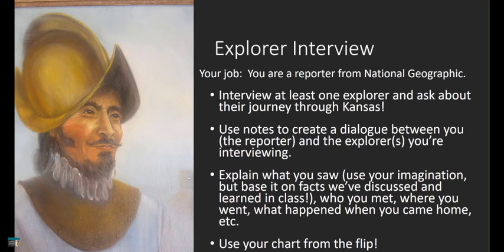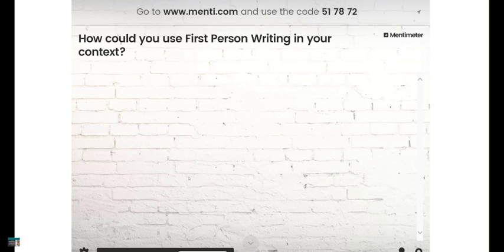Awesome. That is amazing, Ryan. And so what I'd like everybody else to do, I'd like you to get out your phones or your device, open up a new tab, go to menti.com and use the code 517872 and tell us how could you use first-person writing in your context. So how could you do that? So yeah, just go to menti.com.